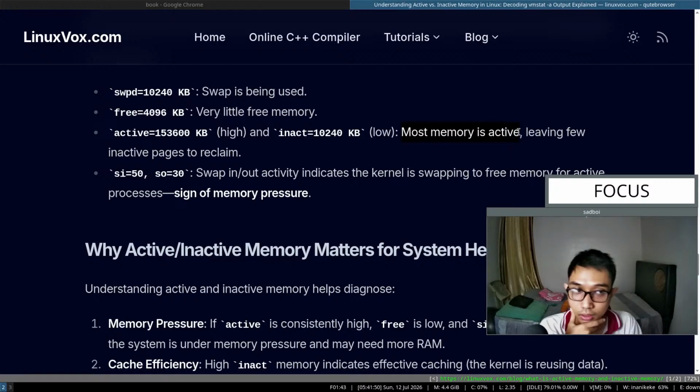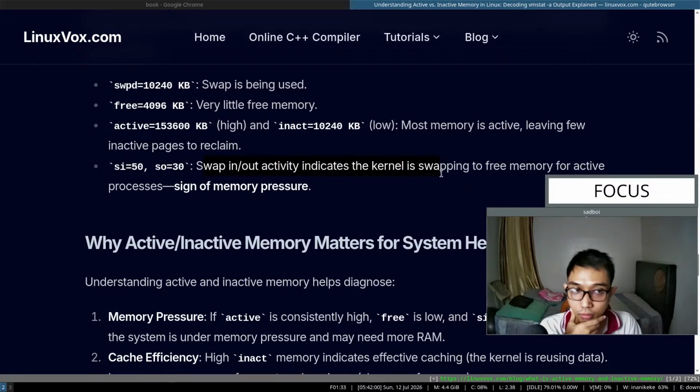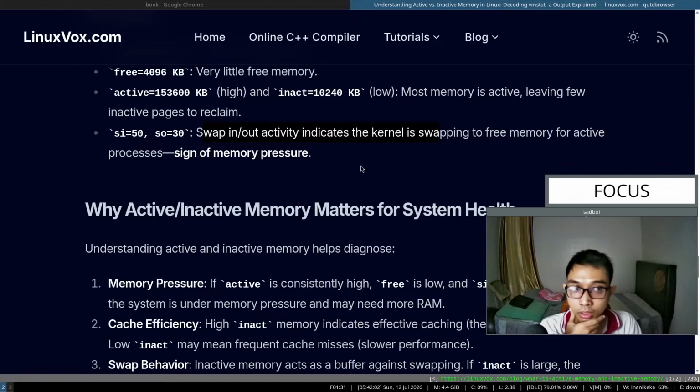Most memory is active, leaving few inactive pages to reclaim. Some si or so activity indicates the kernel is swapping to free memory for active processes. Sign of memory pressure. The kernel is swapping to free memory for active processes.